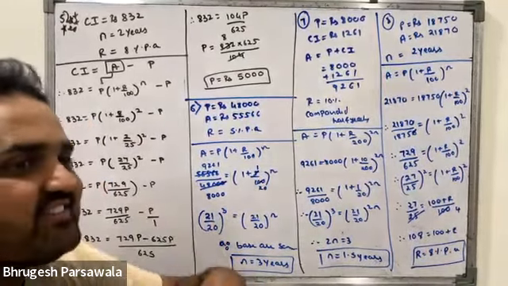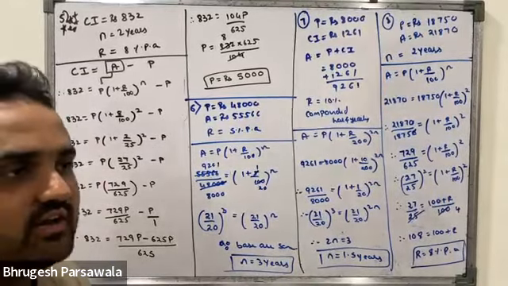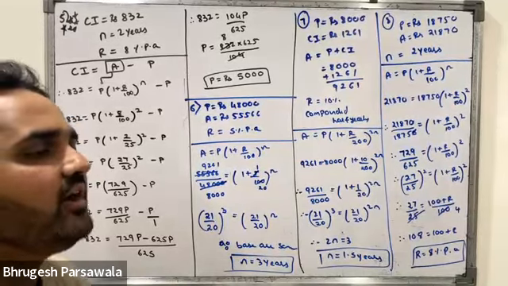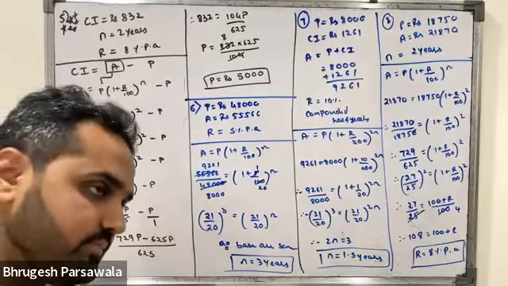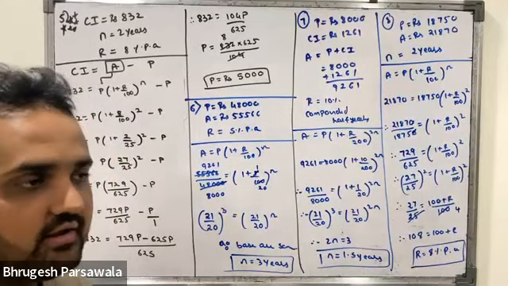Third type जो आज किया हम लोग ने. Half yearly. A equals to P 1 plus R upon 200 raised to 2n. Fourth type, repayment. Okay.